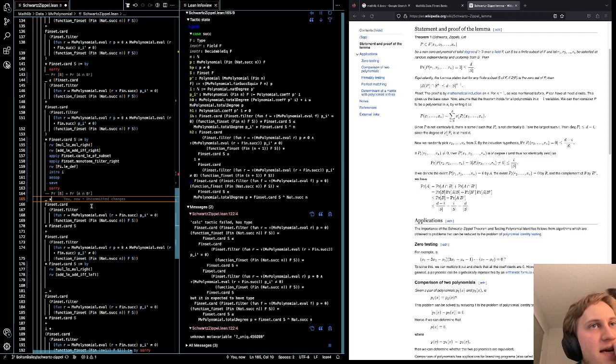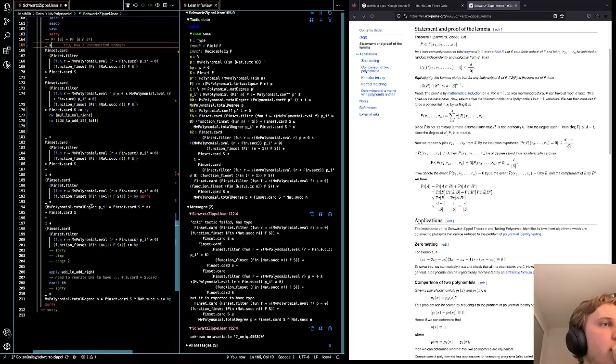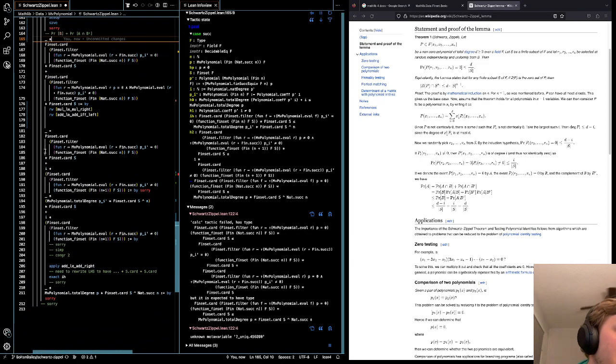Now my calc tactic is failing. Has type this, but is expected to have a completely different type. Oh, does this have to do with the fact that my last thing here is not d minus I plus I equals d?